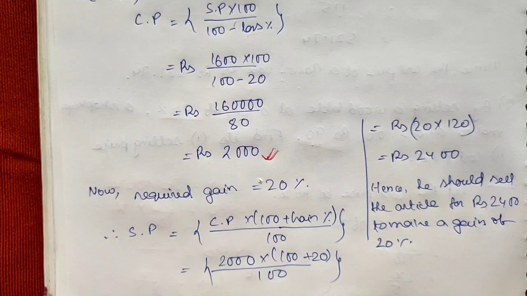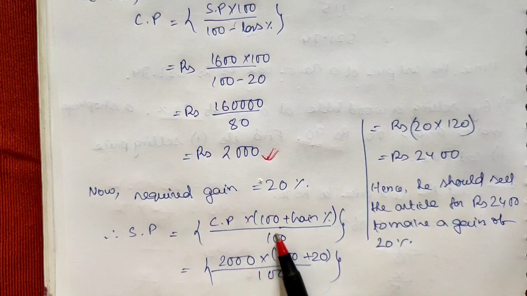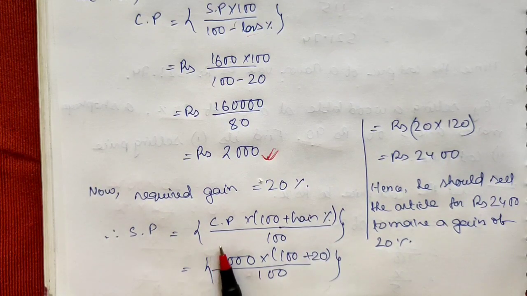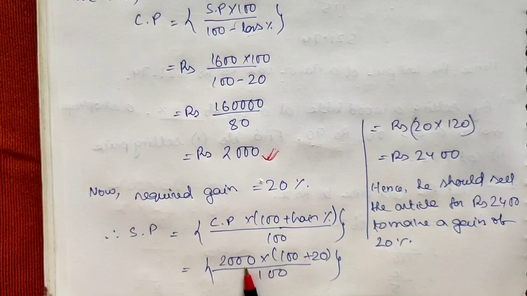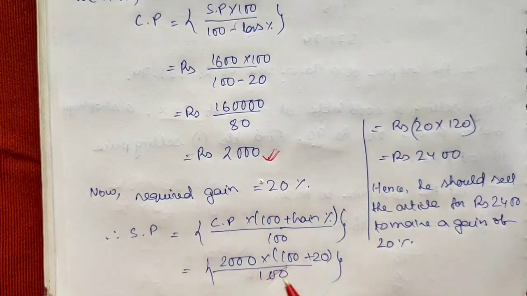Thinking that he should gain 20%. Okay. So we have written now required gain equals 20%, therefore SP equals CP into 100 plus gain divided by 100. So in place of CP, CP is 2000, then into 100 plus 20, then cancel these two zeros with two zeros.